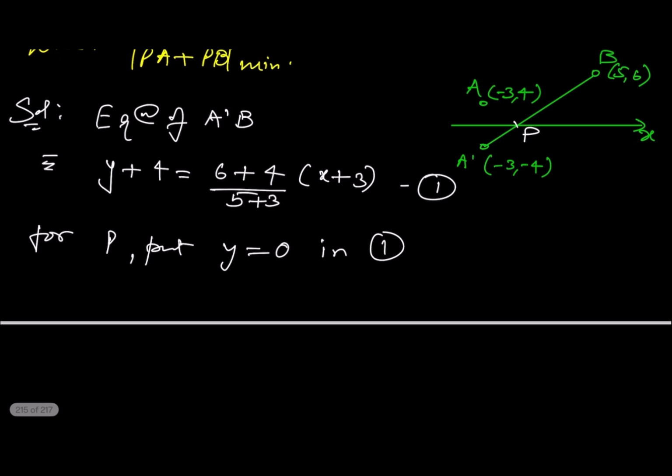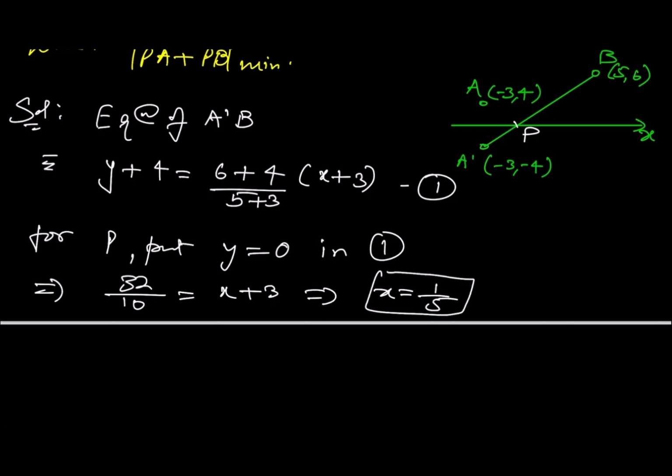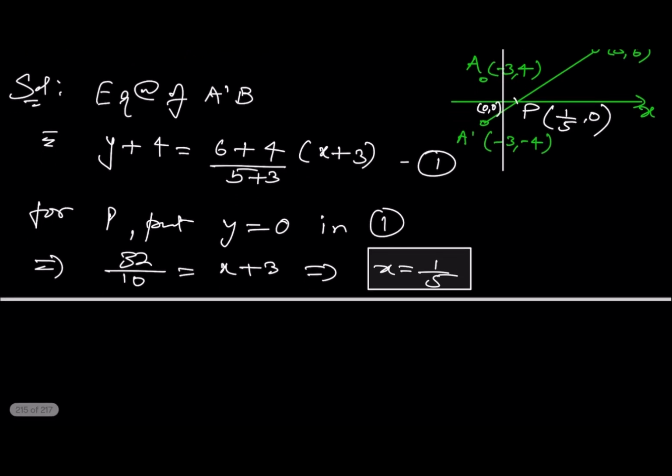So if I am putting y is equal to 0, it will be 4 by 10 into x plus 3, so x is equal to minus 3 plus 10 by 4... So here the point is 1 by 5 comma 0, which is required.